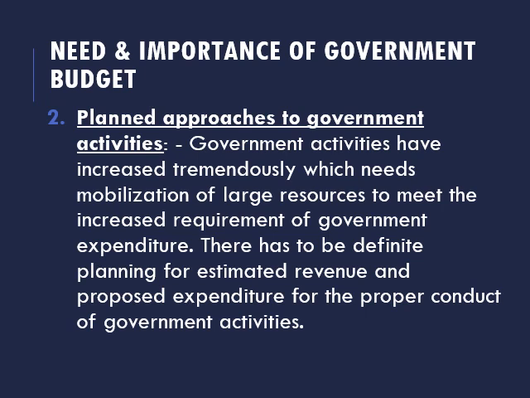What are government activities? Government activities are to run the government, to maintain law and order, to develop the infrastructure, to connect the societies, to connect state to state, cities to cities through different channels, railways, roadways, airways, electrification, water supply, distribution of food grains, education, medical facilities, so many activities they have to do.